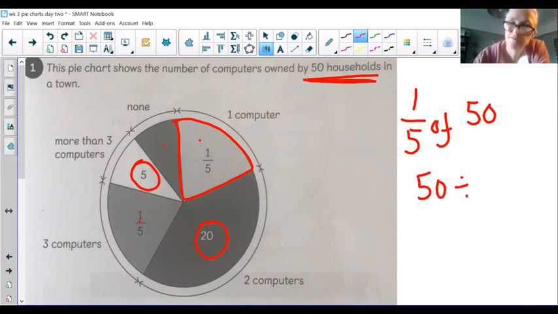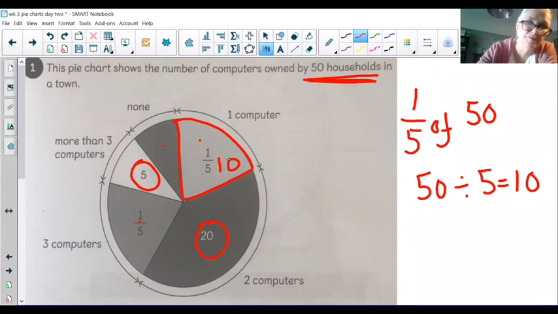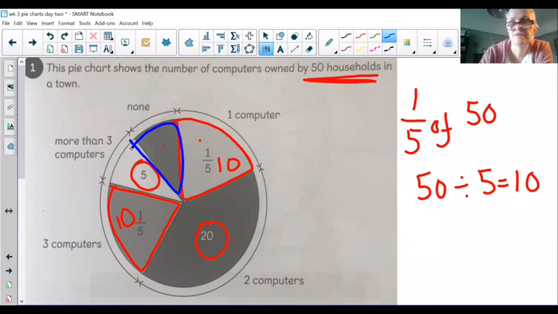So 50 divided by 5 is 10. So 1/5 of 50 is 10. So that's 10 people. And this is the same here. So that's 10 people. And then this one here is just going to be what's left over. So you've got 10, 20, 30, 40, 5. So that one's going to be another 5.